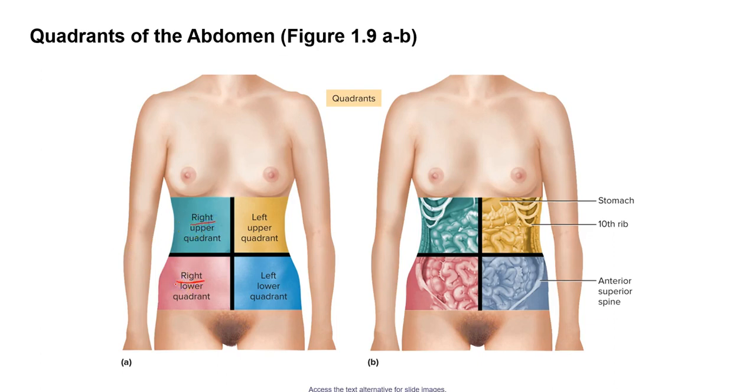So right upper and lower, and then left upper and left lower. If we come to the picture on the right, you can start to visualize what's inside of each of those quadrants. So notice we have some intestines in each quadrant, but we only have ribs in the upper quadrants. And we'll learn more of these organs as we go along.